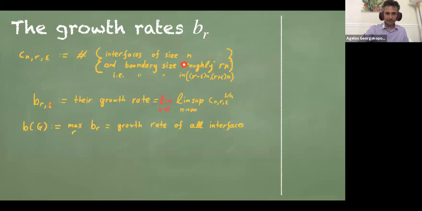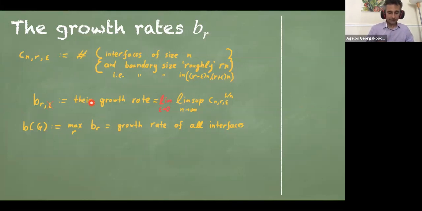So I was writing this sentence. I have interfaces of size n, boundary size Rn, not exactly Rn. I'm allowing a little window of error, an epsilon window. And the epsilon appears on the left-hand side. So this thing is the number of possible interfaces of size n, boundary size R times n, up to an error of epsilon.